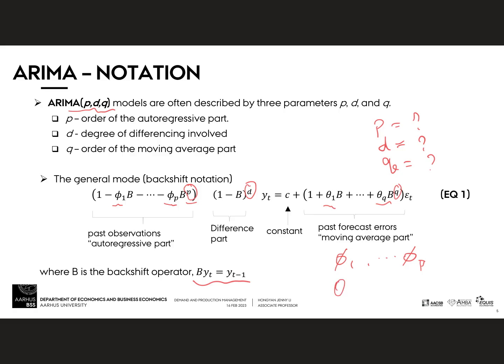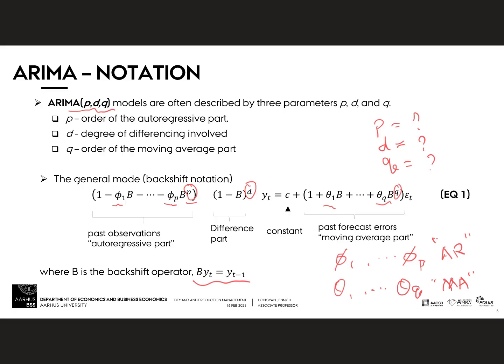And then we have theta 1 until theta q, which are the moving average coefficients. And these will actually be read out in your R package.